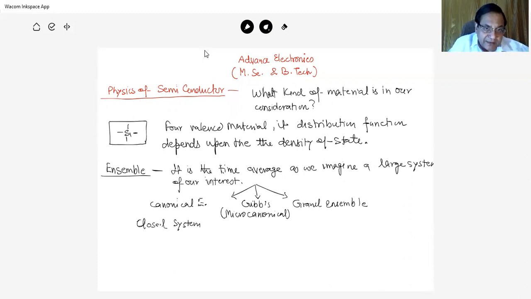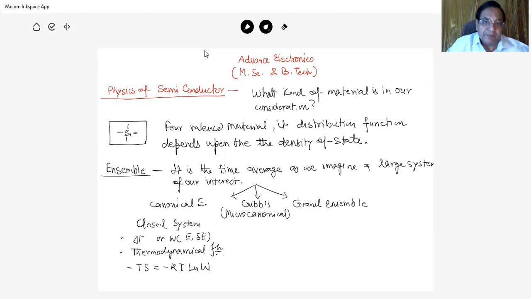Closed system means the volume, or way to represent, is E plus del E. Number two, the thermodynamical function, minus Ts, temperature and entropy, is equal to minus kT ln W, where W is the way of arrangement.